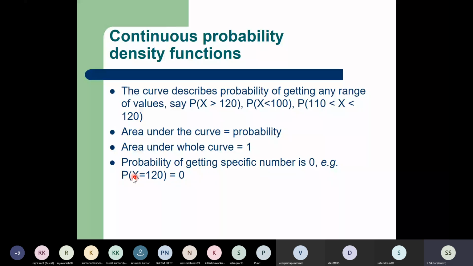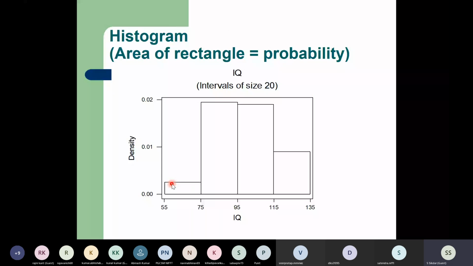Now you have to look at the example. Let's say here is the IQ value, intelligence quotient, shown in intervals of 20. So what is the maximum IQ value that a human being can have? Any idea? Can you hear me? Yes, sir.